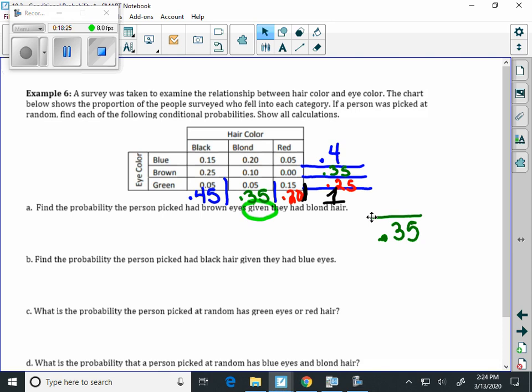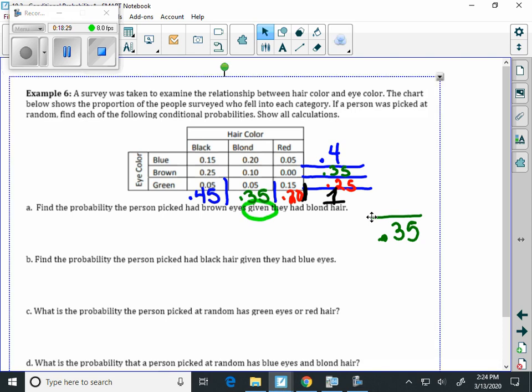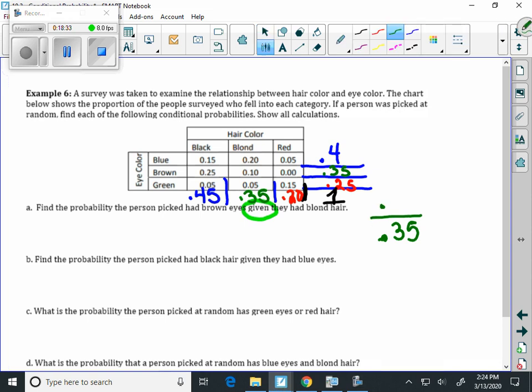So start with your finger on the blonde, your finger on the brown, and go till the fingers intersect. And what happens is that they intersect at the 0.10. And again, we can finish here by typing that in the calculator. And it comes up, if I typed it incorrectly, as 0.29.